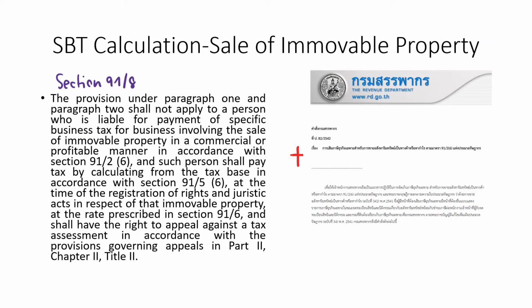As I have mentioned before, the previous sections of the Revenue Code just provide a general method for calculating specific business tax, but for the sale of immovable property and the selling of securities, there is a specific method of calculation. For the sale of immovable property that is subject to specific business tax, you need to look at section 91/8 together with the announcement of the Revenue Department, and you need to calculate in accordance with that method, which is different from the general method.